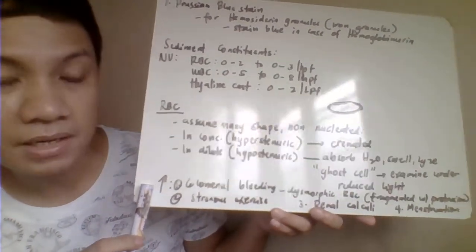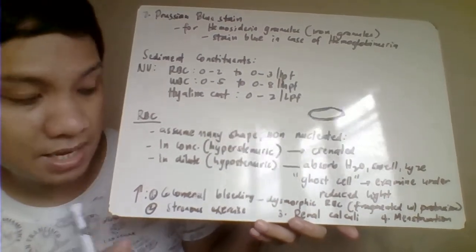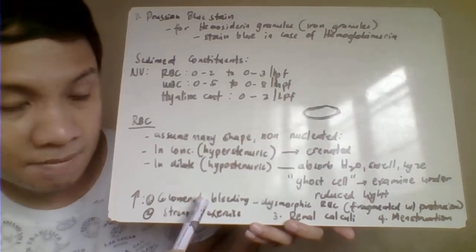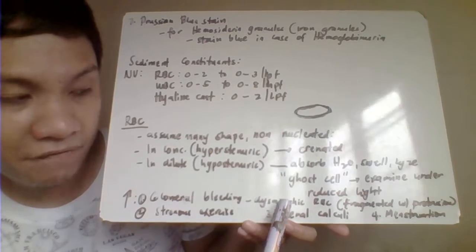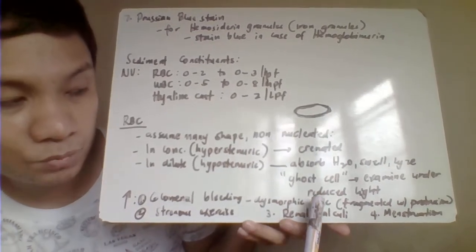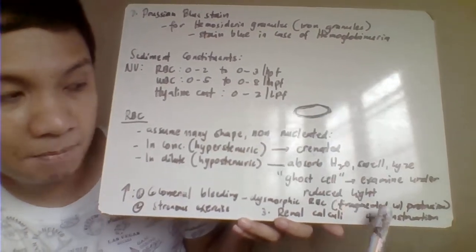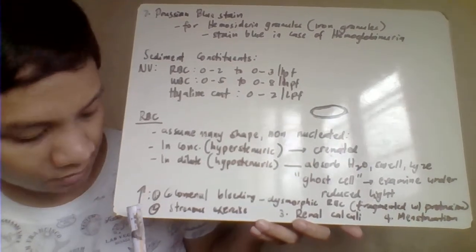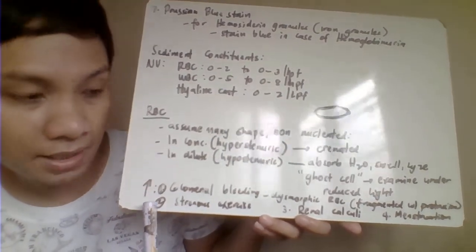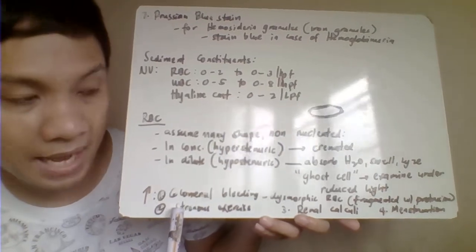Okay, then we have increased red blood cells that could be found in the case of glomerular bleeding, where what you have is dysmorphic RBC. These dysmorphic red blood cells would be fragmented na may protrusions. Another one, increased ang RBC natin in the case of strenuous exercise.